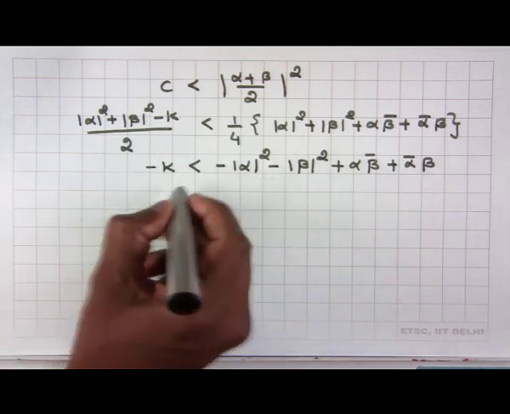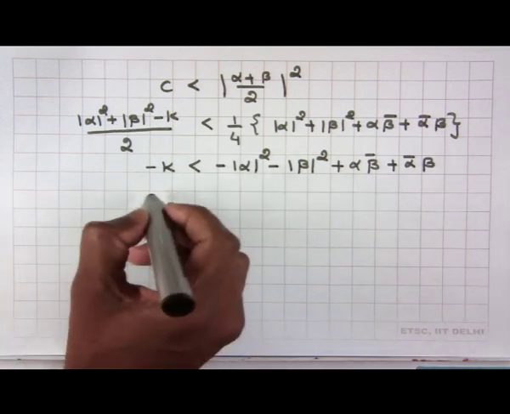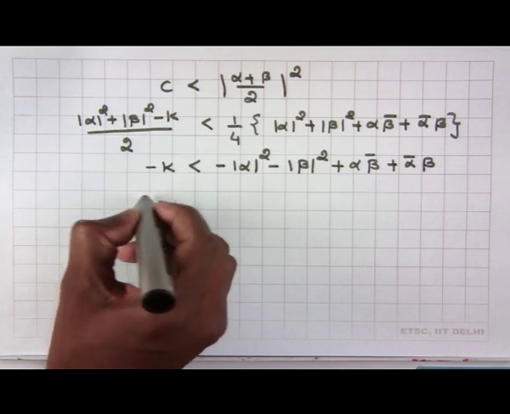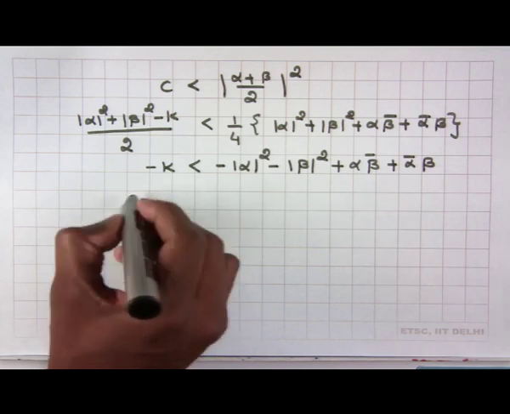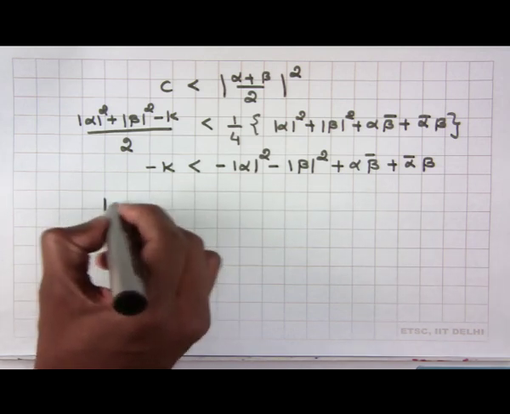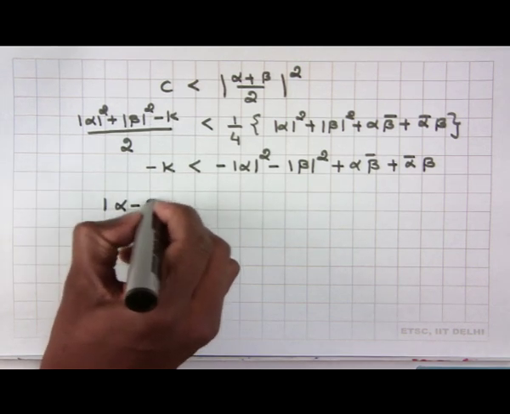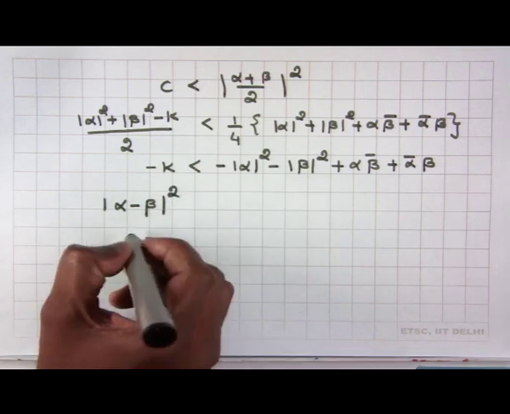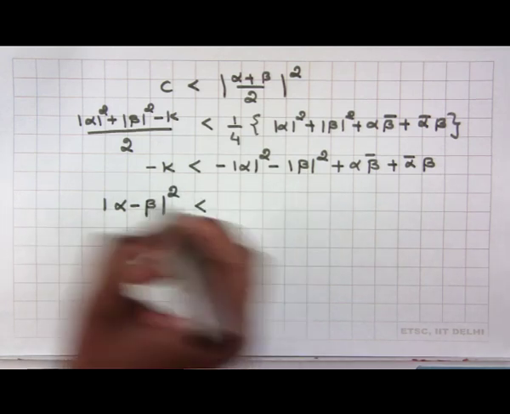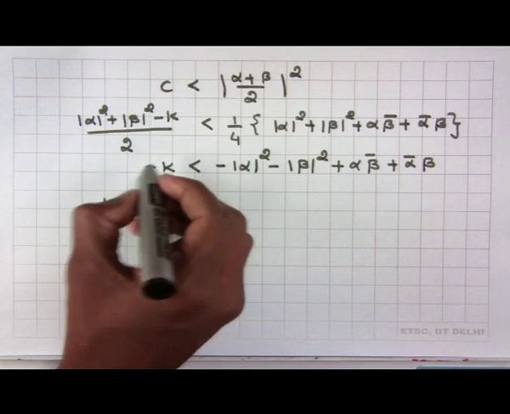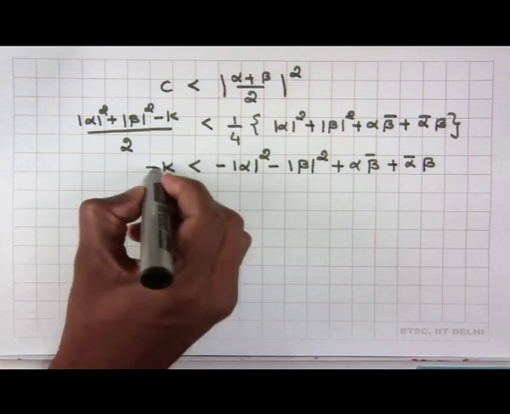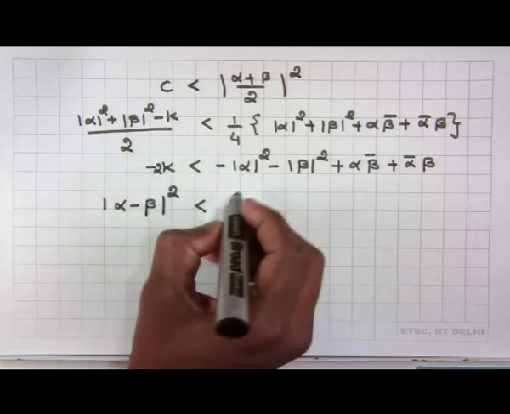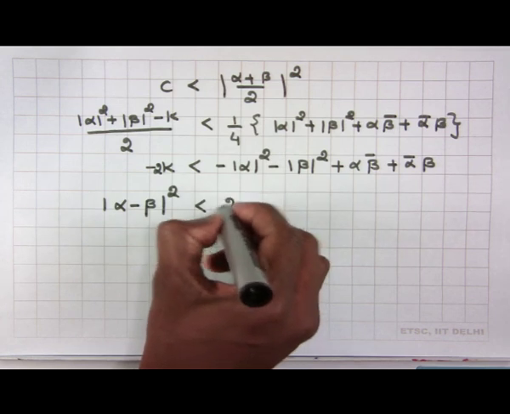Now multiply by the minus sign on both sides, we get the reverse inequality, that is, |α − β|² is less than, one mistake, this is 2, less than 2k.